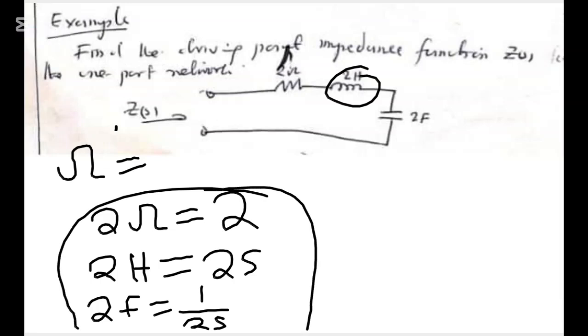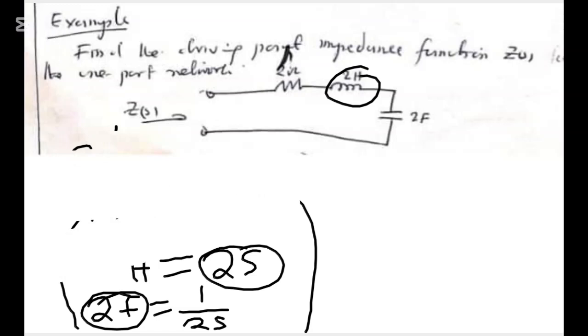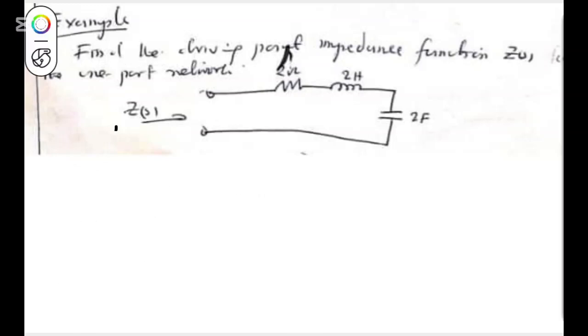For resistance, you just put the value. For 2 Henry, which is the inductance, you just add S. And when it comes to the capacitor, which is 2 Farad, it is the inverse, which is 1 over the capacitor, and then you add S. After converting, we'll have something like this.